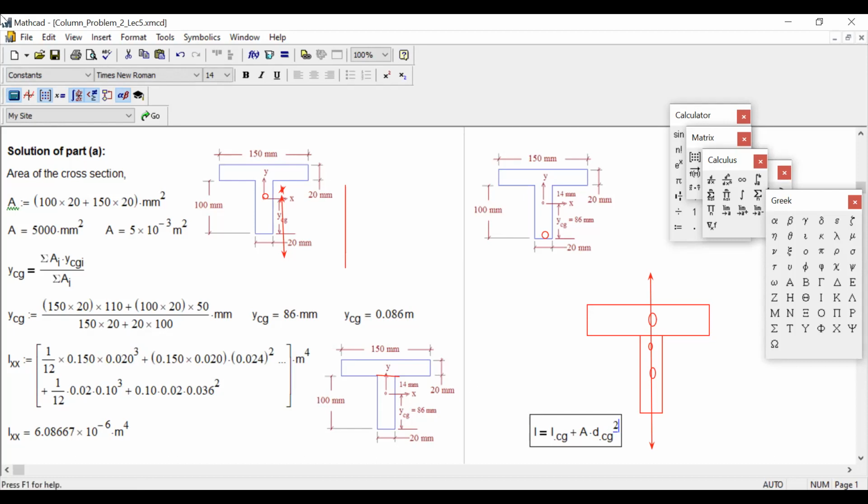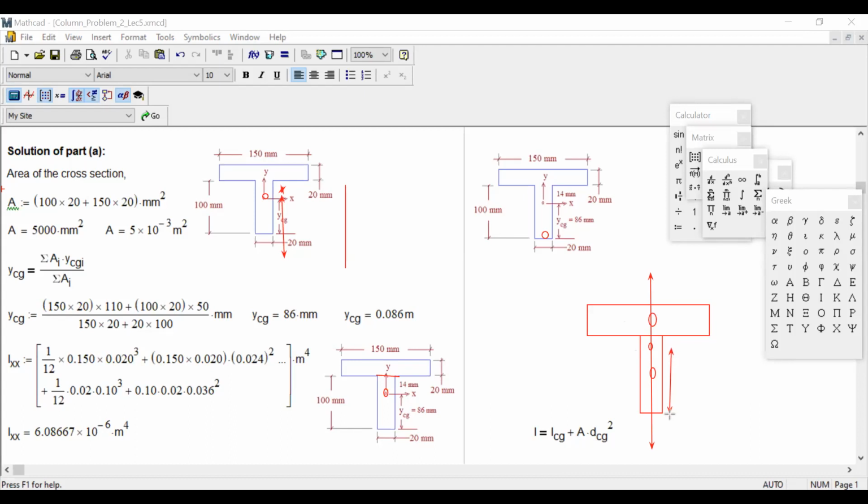Okay, so you see, we have to figure out the inertia with respect to the CG of the cross section. YCG. See, the whole YCG is right over here. So what will be the XCG? This is YCG. So you are getting height from here to here.